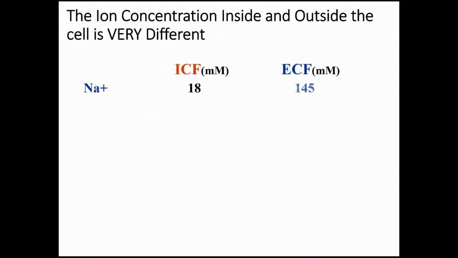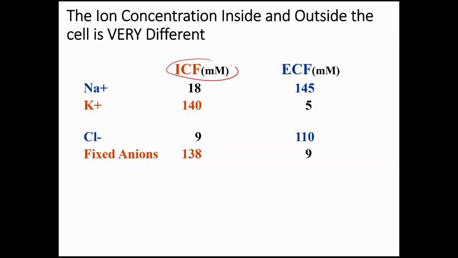All right. The ion concentration inside and outside of a cell is very different. If we're talking about our typical human cells, because the book does focus a little more on the human numbers, we have the intracellular fluid and the extracellular fluid.